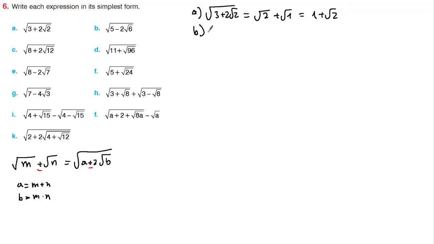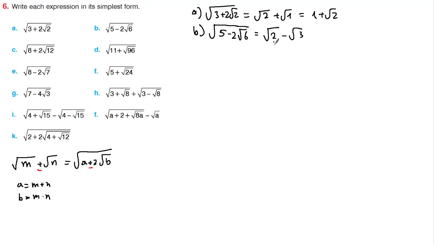Under B, same goes here. Square root of 5 minus 2 root of 6. Now, two numbers that add up to 5 but multiply to 6. It must be root of 2 and root of 3. Because the formula is with minus, we should add minus.